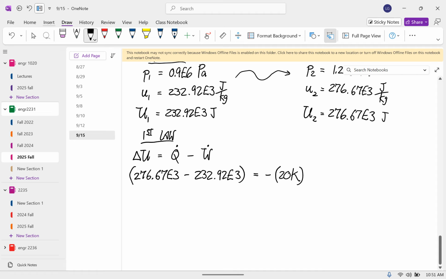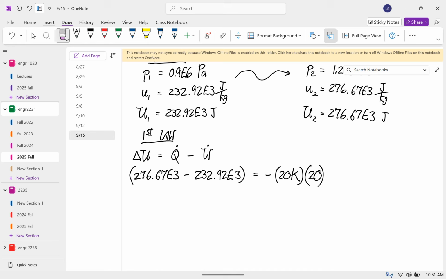Then we multiply that again times 20. To get a total amount of energy transfer, you're always going to multiply the rate times the time. So what this is saying is that you're getting more and more heat transfer by rate as time goes by.